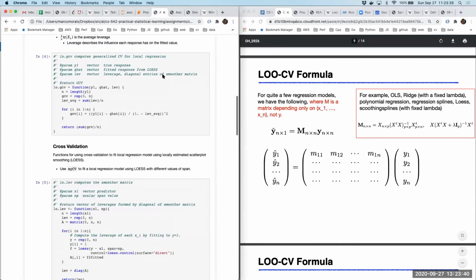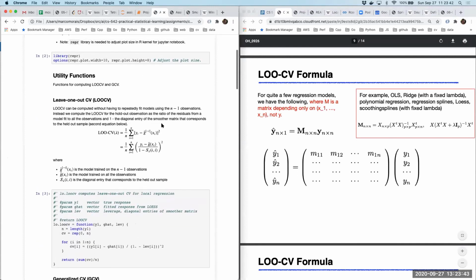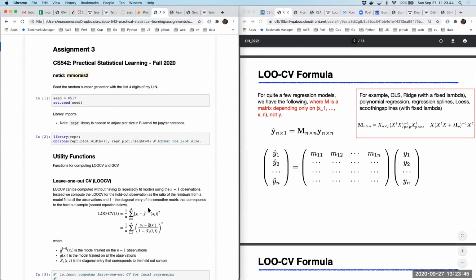In that smoother matrix, I loop through, and every time I give you a Y that is 1 at only one position and 0 at other places. Once I give that data into that black box, I look at the fitted value returned by the black box. They correspond to a particular column of the design matrix. This is how I piece those columns together to get the M matrix. So that's the rationale.